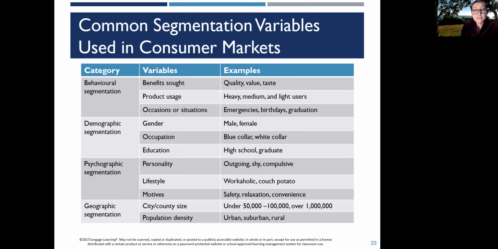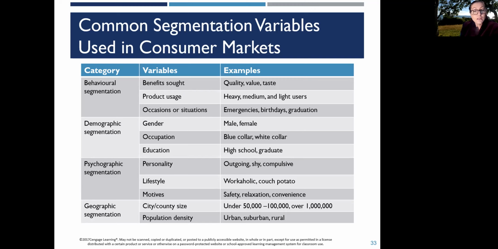Right, so how do you segment the consumer market? Well, here are some variables that you can use. You can look at behavioral variables such as benefits that the customer is seeking, benefits such as quality. You can look at how the consumers are using the product. Are they heavy users or are they light users?